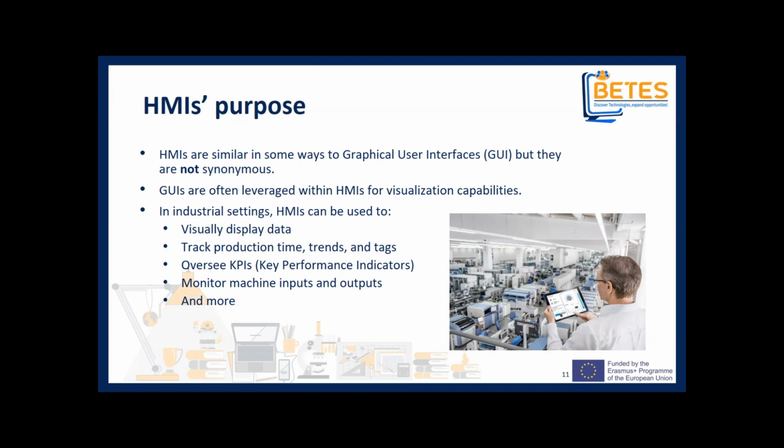It's a person who uses the HMI to operate the facility, this big facility in front of him. So he can monitor several indicators related to the machines that are in that big facility without having to walk to these machines.